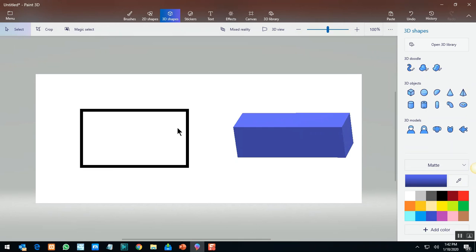Can you tell me the difference between both shapes? This one is 3D and this one is 2D, or this one is a flat shape and this is a solid shape. 2D is a flat shape, 3D is a solid shape. This is the difference between the two.